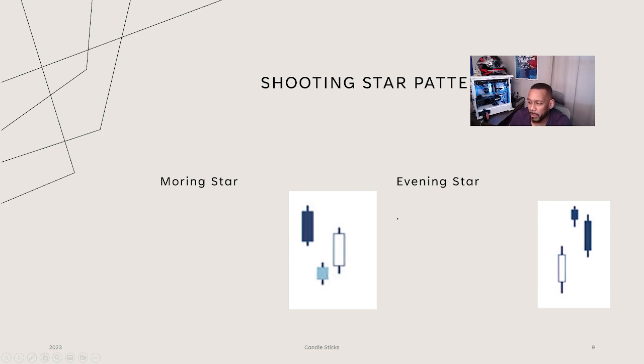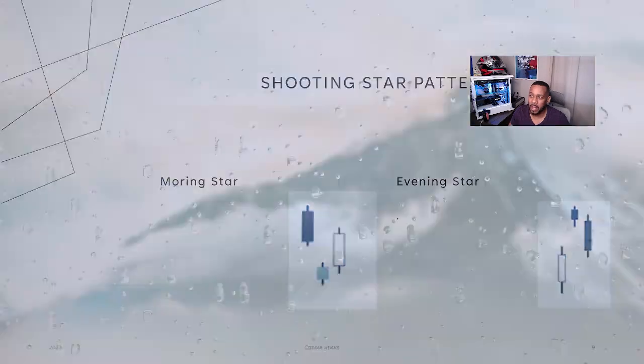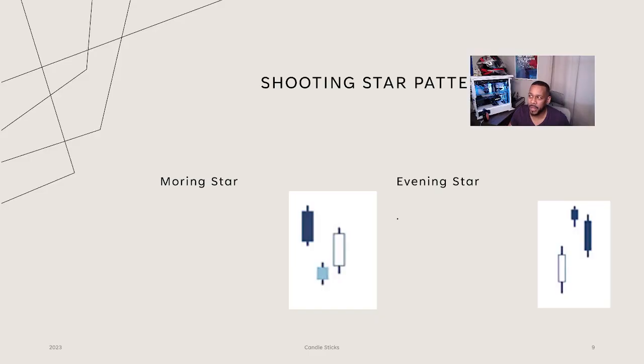Shooting star patterns. I say three candles, but the reality of the matter is they're more than three candles, all right? So typically, as a morning star happens, you'll have a bunch of bearish candles, and then you'll have a nice short candle where momentum is going to change.